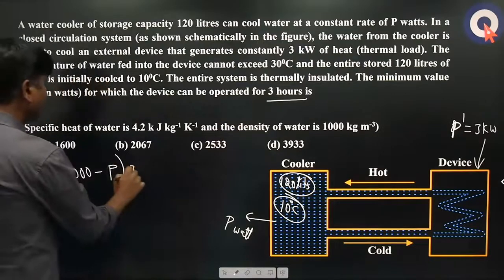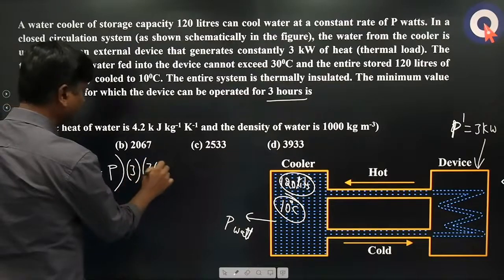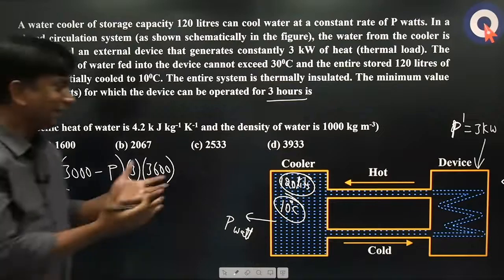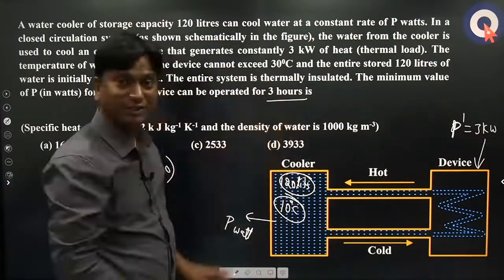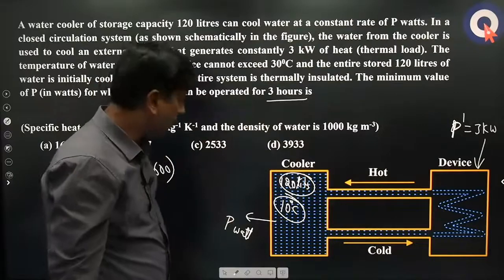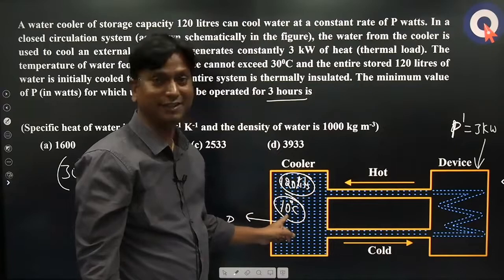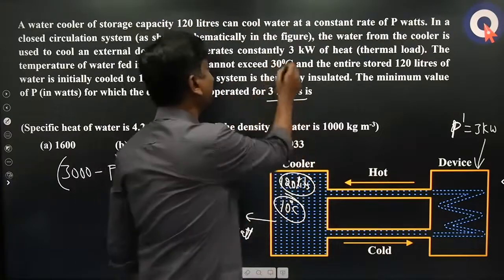So 3 hours means 3 into 3600, power into time, right? So that much energy will be added into the system. Because of that energy, the 120 liters of water which was at 10 degrees Celsius will rise to 30 degrees Celsius.